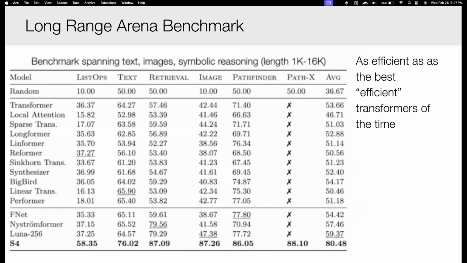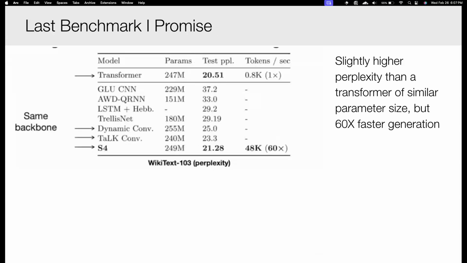Not transformers with significantly more parameters, but when you took an SSM and a transformer of a couple 100,000 parameters or something like that, the S4 performed significantly better. And then this is the last benchmark here. It's got a slightly higher perplexity score, but it's way faster in terms of generation than a transformer at this point.